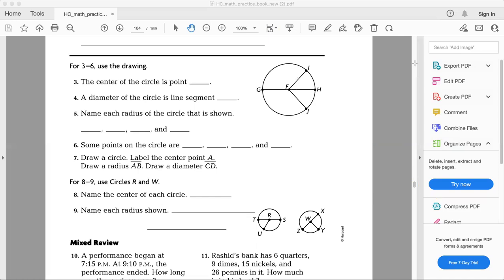Number 6 is GH, IA, G. Very good. Tell me number 7, beta. Okay, you can draw it here.